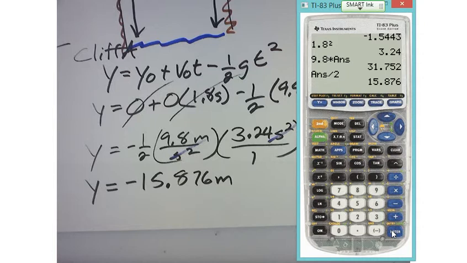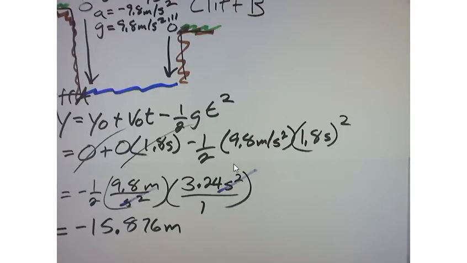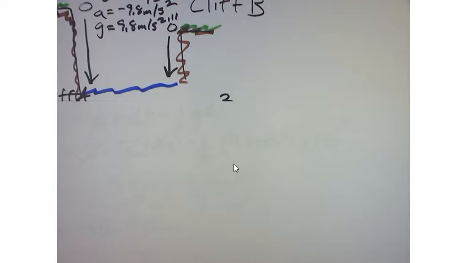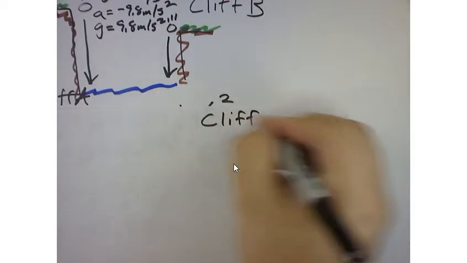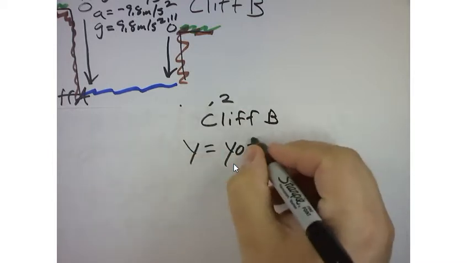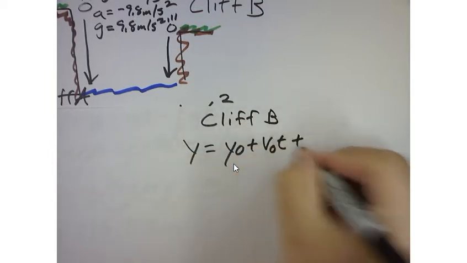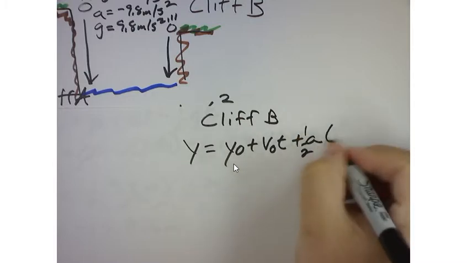So now what do I have to do to compare the two? I've got to do the exact same thing with cliff B, but I've got to use the cliff B information. So for cliff B, what we need to do is it's the exact same equation. I'm going to write it purposefully the other way.